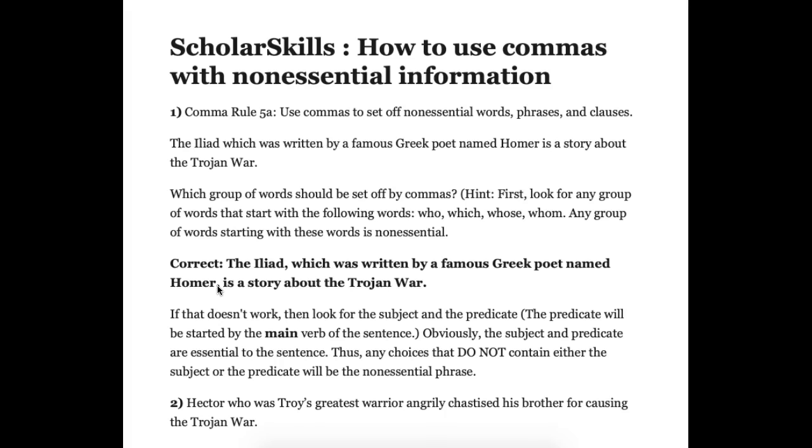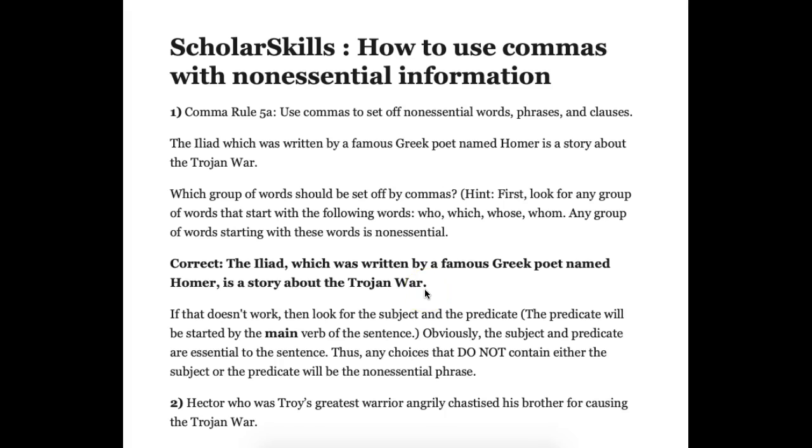And those commas, those little hooks, set off this information so that the reader knows it is not the most important piece of information and it is not the essential piece of information in the sentence. And so the correct way to write this would be: The Iliad, comma, which was written by a famous Greek poet named Homer, comma, is a story about the Trojan War.